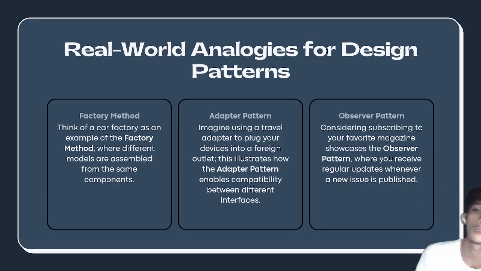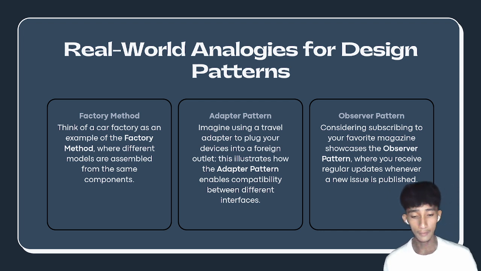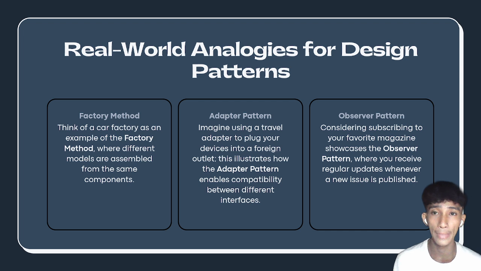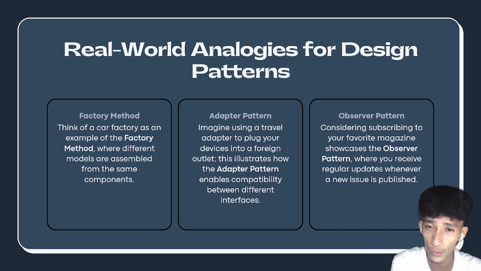So we have here three real world analogies for design patterns. We have the factory method, adapter, and the observer. In the factory method, think of a car factory where different models are assembled from the same components.